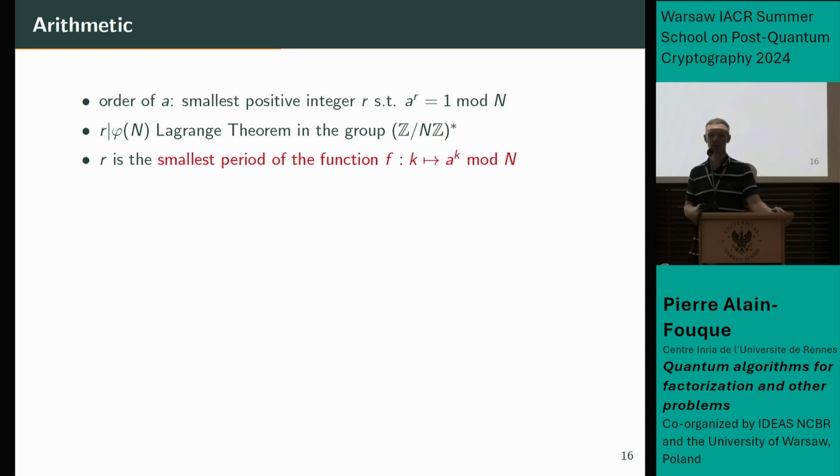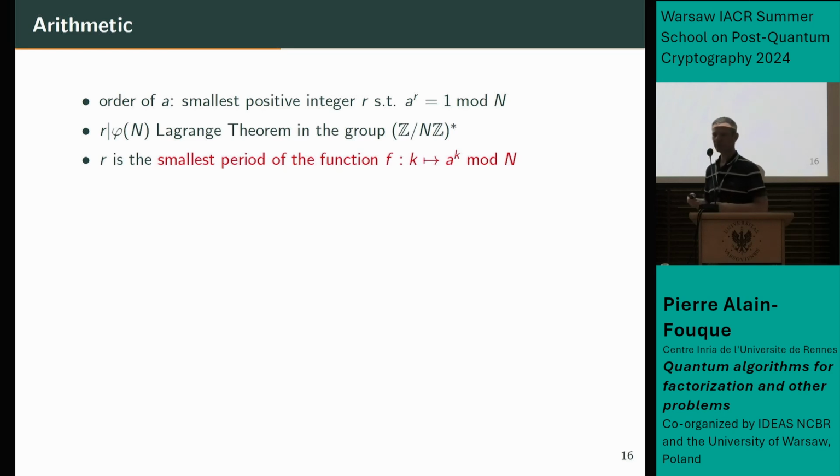So now, using Lagrange's theorem, you can prove that r is a divisor of the number of elements in this group here. The number of elements in this group is phi of n. So phi is, in fact, some unknown value for RSA. And I think you know that if you know n and phi of n, you are able to recover the factorization very efficiently, because basically you know the product and the sum of the two primes.